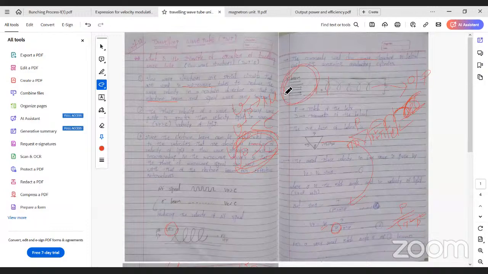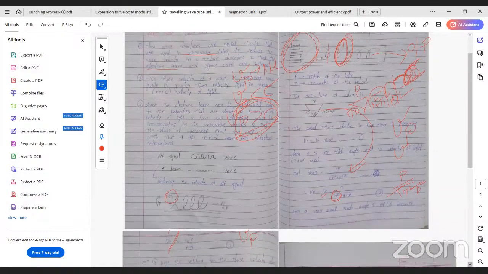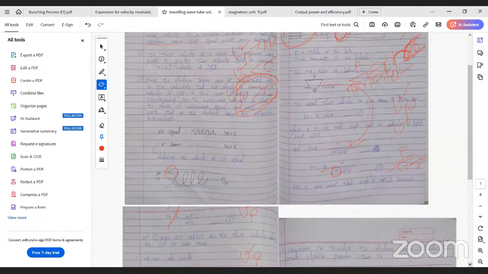That is the introduction part. Next is the calculation part. I am considering only one turn. Across one turn, we find the angle theta and calculate the sin theta value. After calculating sin theta, we calculate two parameters: phase velocity Vp and group velocity Vg. Substituting the sin theta value in Vp, we get Vp equal to Vc times P by pi d.